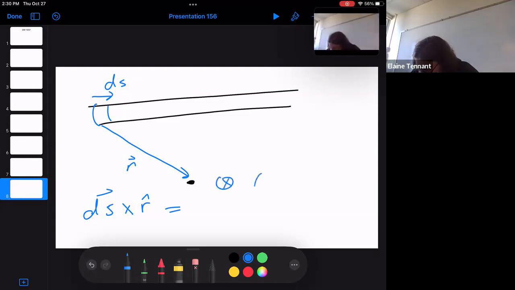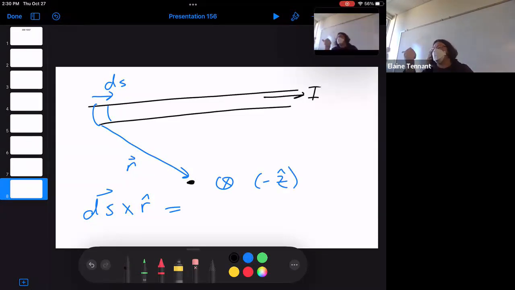So this is going into the board. Negative Z hats, which again, if we do our curly finger thing, we point our thumb and curl our fingers around. On the top, it's coming out of the board. On the bottom, it's going into the board. All right, sounds good.